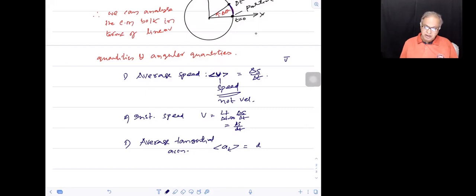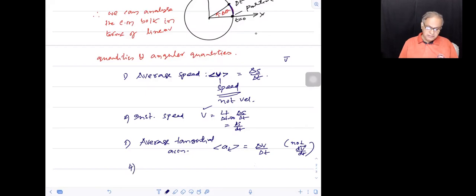Delta mod v, which may be this one, delta v by delta t, no vector sign. This is not delta v bar by delta t. People should be very clear about it. I should have written it as delta v. Average will always be delta v by delta t.